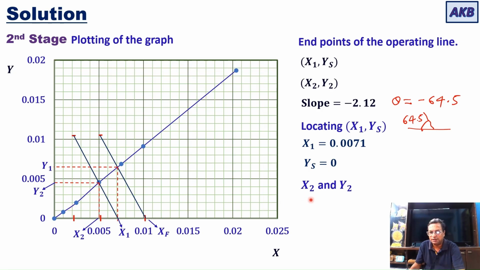If you read the values, you can note the values of X2 and Y2. So X2 in this case is 0.005, you can check, and Y2 in this case is 0.0045. So at the end of our calculations for stage number 2, we have got the values for X2 and Y2.